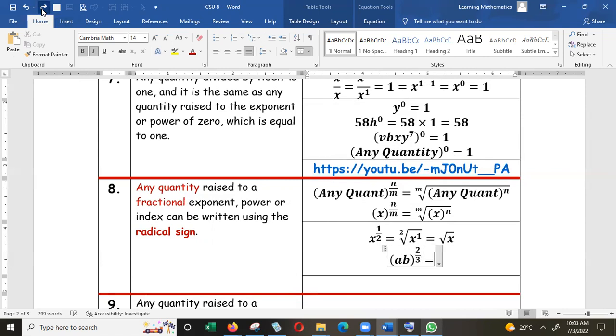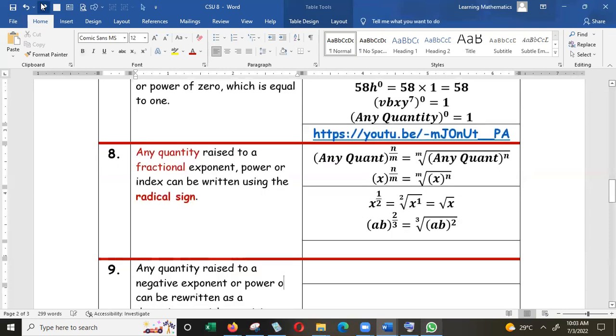So that will be the cube root of AB squared. The numerator of the fraction becomes the exponent of the base under the radical sign, and the denominator becomes the degree outside of the radical sign. So this is the cube root of AB squared. You need to be writing this routinely, practicing so you can get accustomed to doing that.